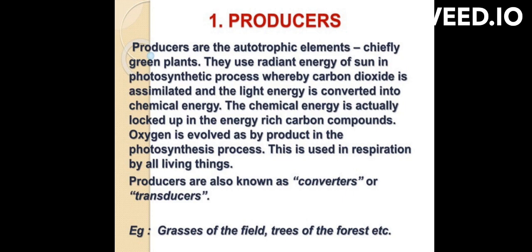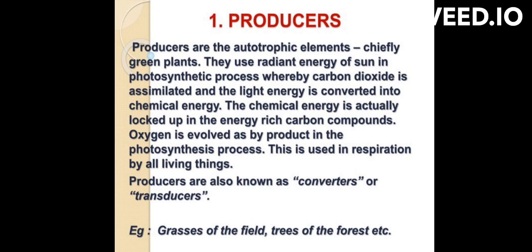First one is producer. Producers are the autotrophic elements, that is, green plants. They use radiant energy from the sun in the photosynthetic process, where carbon dioxide is assimilated and the light energy is converted into chemical energy.